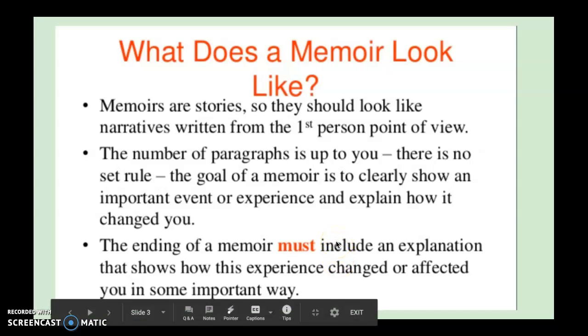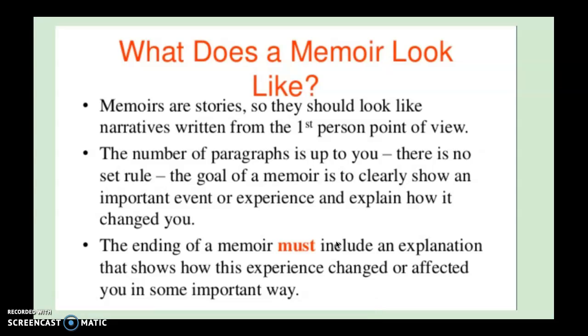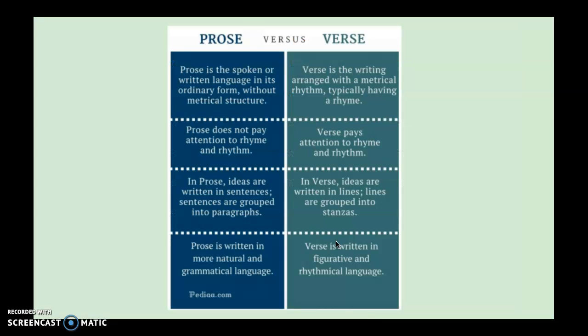Now, this memoir from Brown Girl Dreaming by Jacqueline Woodson is very unique because it's written in verse. So let's look at what verse is. We are going to compare something called prose and verse. First, prose is the spoken or written language in ordinary form.